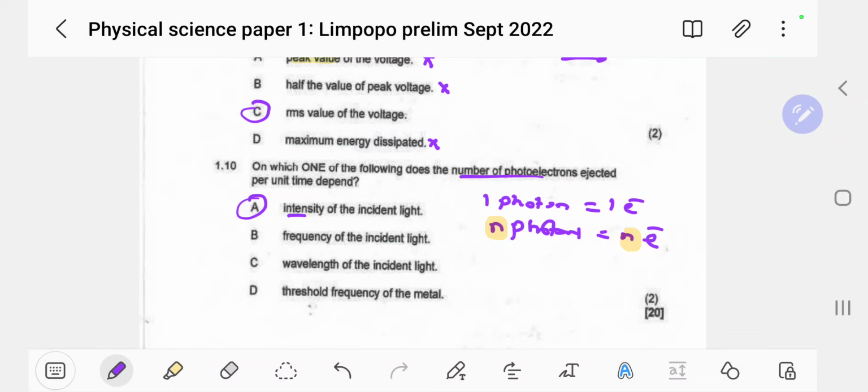The wavelength of the incident light is more or less the same thing as the frequency, but they go vice versa. Higher frequencies mean shorter wavelengths. All right. Threshold frequency of the metal does not necessarily tell us about the number of electrons, but it tells us whether we will be able to emit electrons or not. So the answer is A.